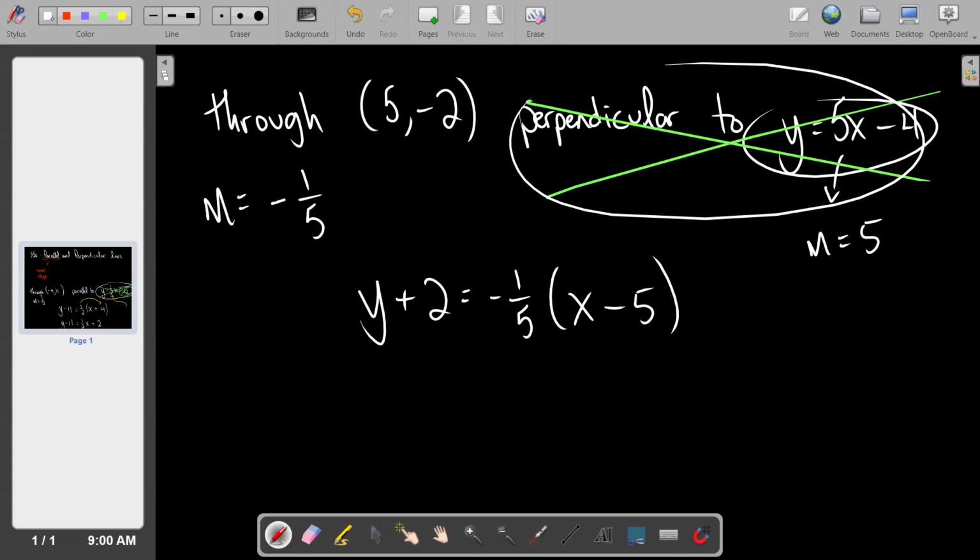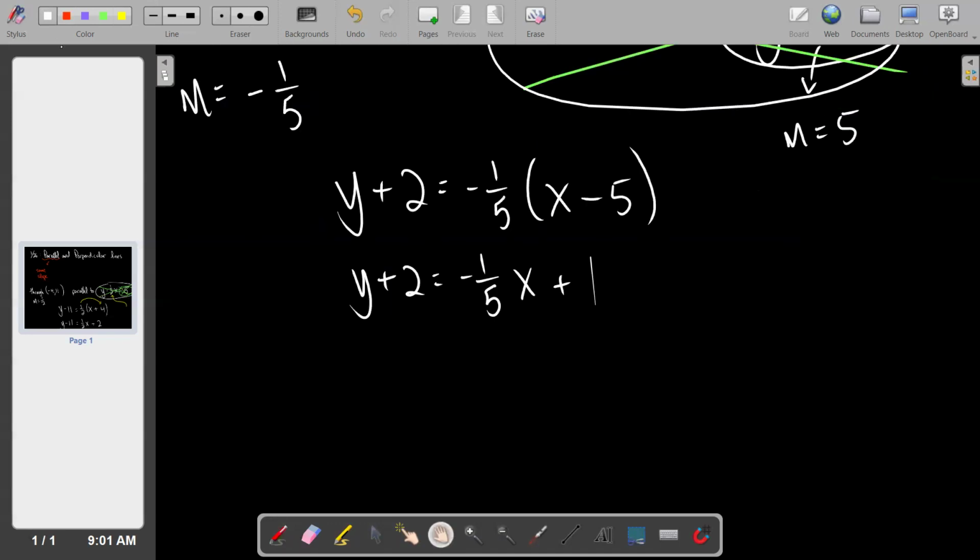To finish this problem, I would just do y plus 2 equals -1/5 of x plus 1, because a fifth times 5 is 1. Then I would subtract that 2 from both sides and I'd be done. So I would get y equals -1/5 of x minus 1. Done.